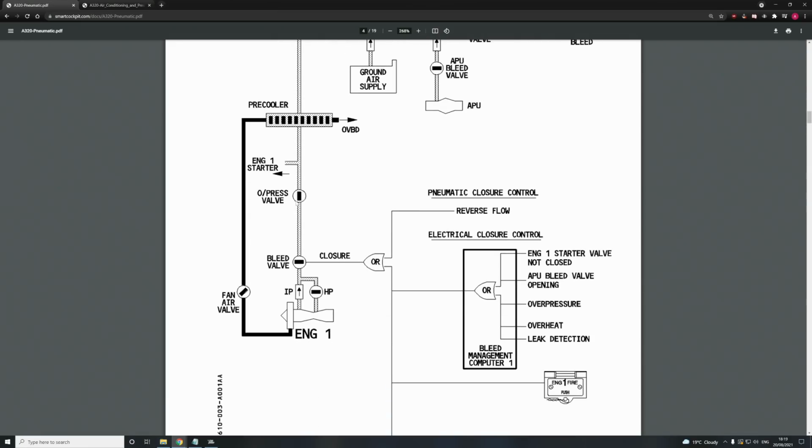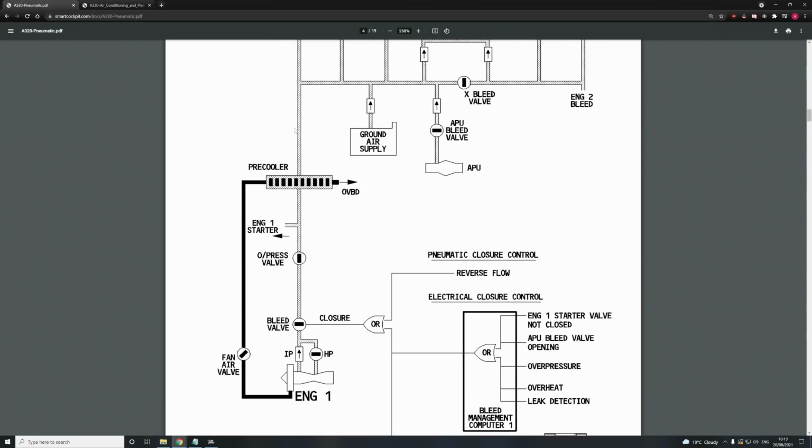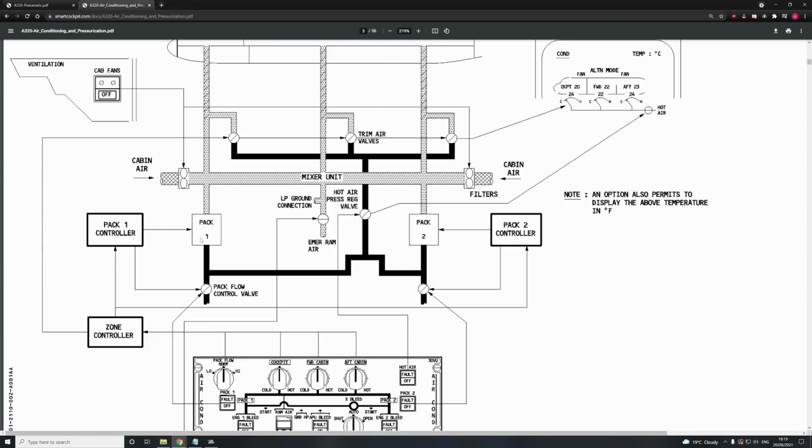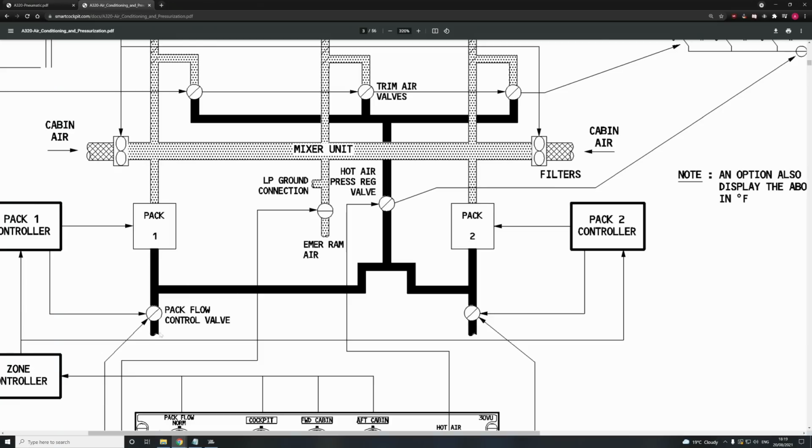You can see, like I told you, we've got nice 200 degrees Celsius air now coming out of here as a result of this pre-cooler doing its job and this fan air valve regulating the temperature nicely. If we move over to our pack diagram, you can see we've got 200 degrees Celsius air coming up this way, and that then goes into the packs.